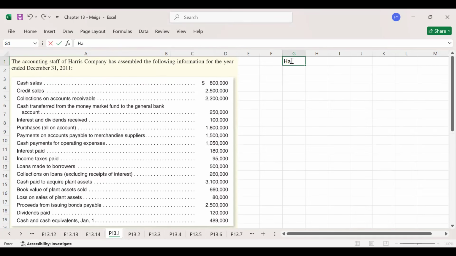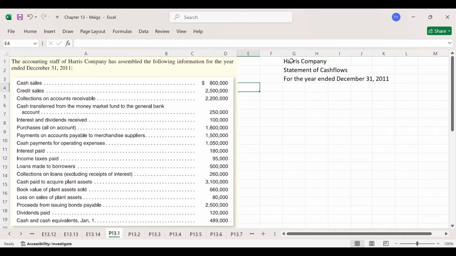So Harris Company, cash flow statement, or you can simply write statement of cash flows, and this is for the year ended December 31st 2011.